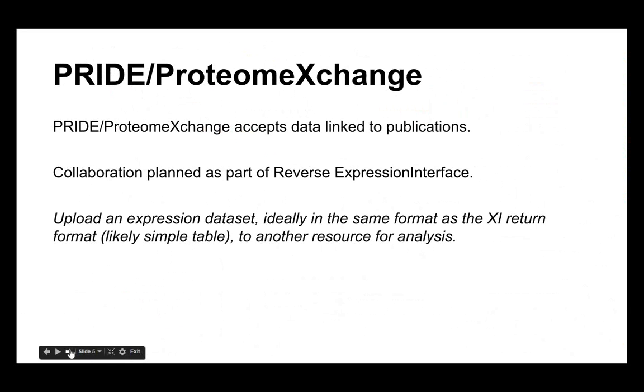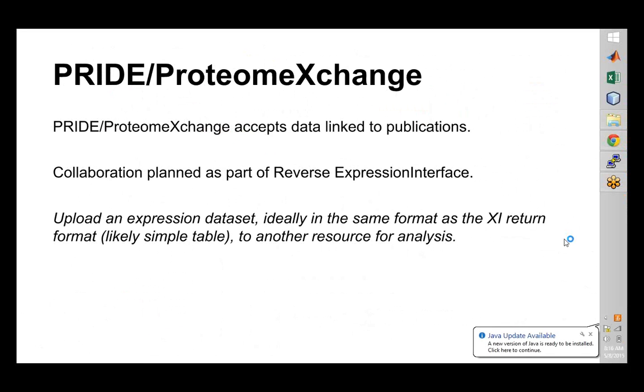But as part of the B2K grant, there's already a planned reverse expression interface. I got the description from the grant right here. The idea is that you upload an expression data set in the same format as the expression interface return format, and you upload it to another resource for analysis.